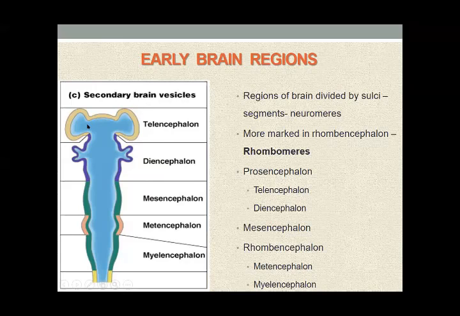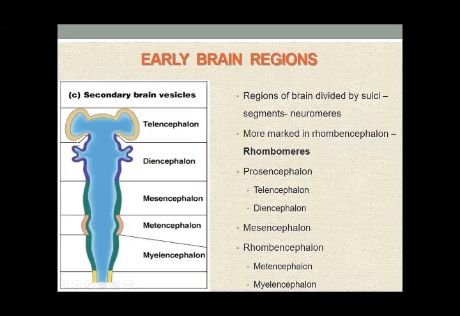So these transversely running sulci divide the neural tube into multiple further regions. We had done the 3 dilatations, now we do their further divisions. The first dilatation, the cranial most dilatation, was the prosencephalon or forebrain.